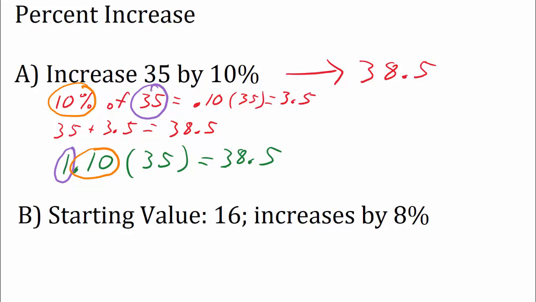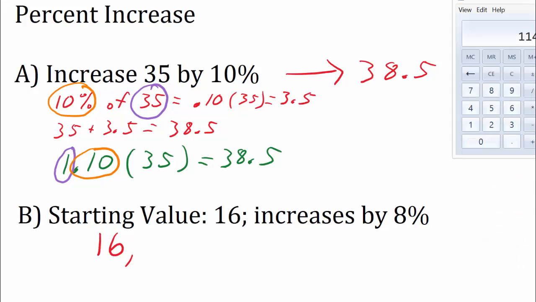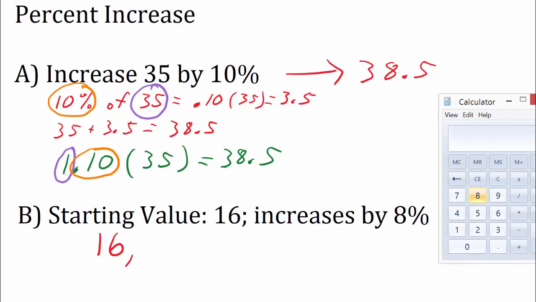Let's try another one. Here we have a starting value of 16, and this pattern increases by 8% each time. Let's write the first few numbers in this sequence. First number is 16. The numbers increase by 8%, so we want to multiply by 1.08.